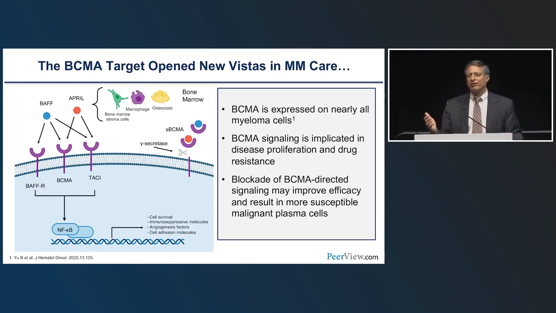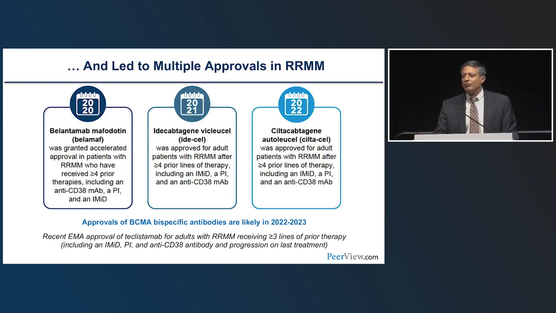We know, for instance, that SLAMF7 is a ubiquitous target on plasma cells. We know that CD38 is a ubiquitous target on plasma cells, but none of them are as critical to plasma cell survival as BCMA is. So there's a twofold reason to really want to target BCMA in myeloma.